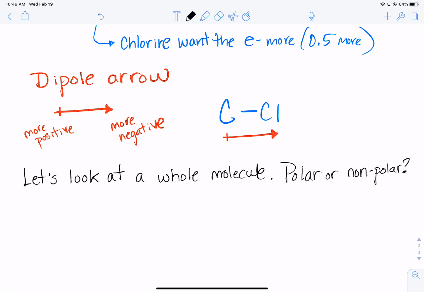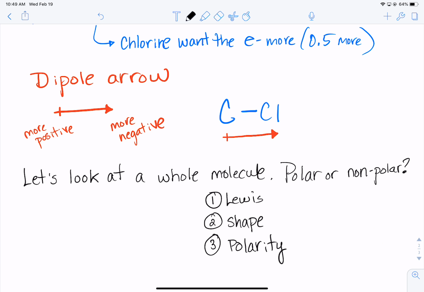In order to determine if this is polar or non-polar, we're going to have to do a couple of steps. First, we need to draw the Lewis structure. So then that way we can figure out its molecular geometry, or that's a fancy way to say its shape. And then from its shape, we can determine polarity. So this is a three-step process when you're looking at a molecule.